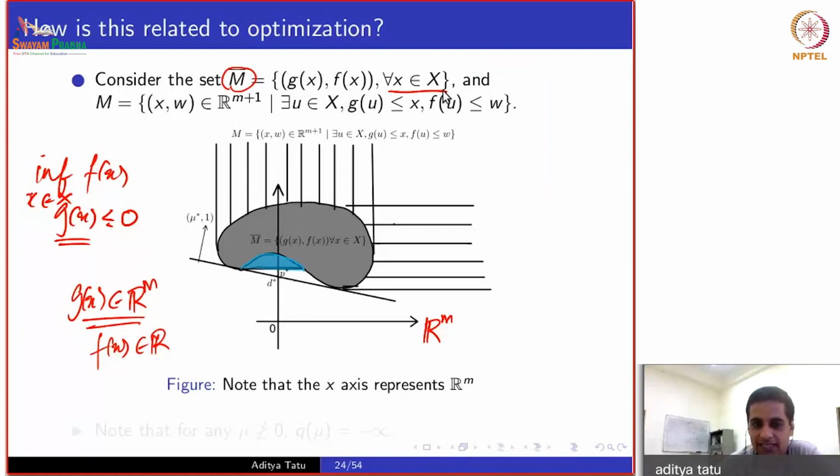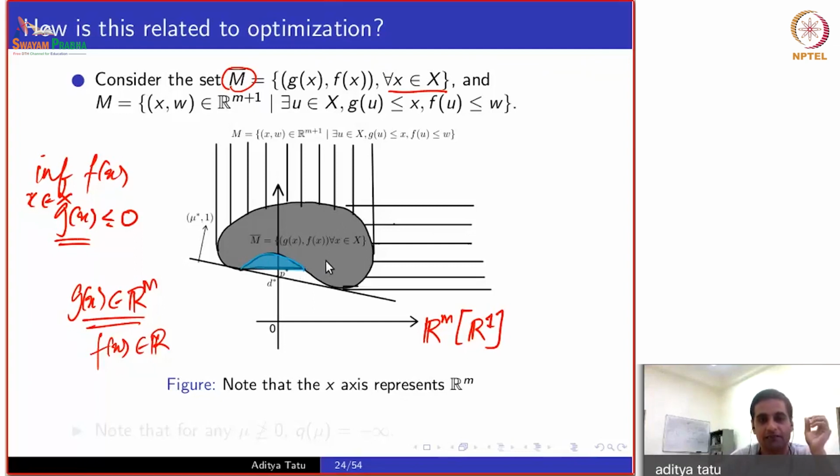If R^m is confusing you, you can think of m as 1, so only one inequality constraint. Does M bar make sense? The x coordinate is the value of g(x) for some x in X. So the x coordinate in this picture does not represent x, it represents g(x).